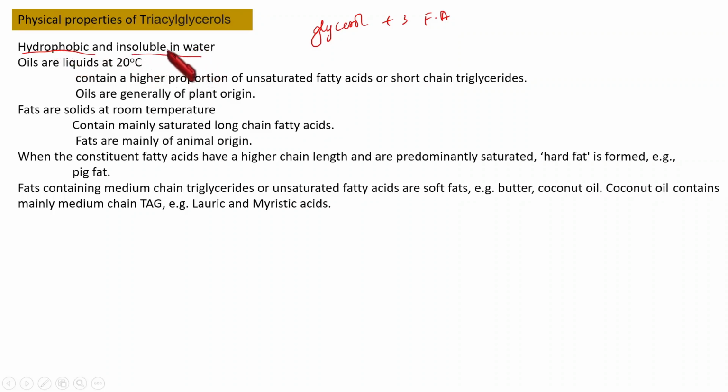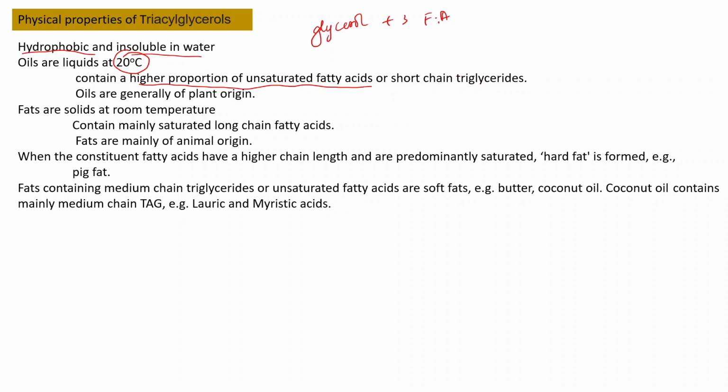That is the first point. And second, triacylglycerol can exist as oil. That is a condition. What is the nature of that type of triacylglycerol? For existing in the form of oil, the temperature should be 20 degrees Celsius, and that triacylglycerol should possess a high proportion of unsaturated fatty acids, or otherwise it should be of short chain.